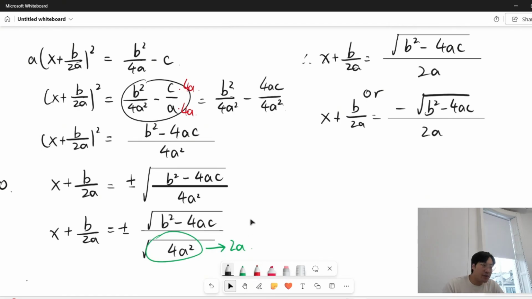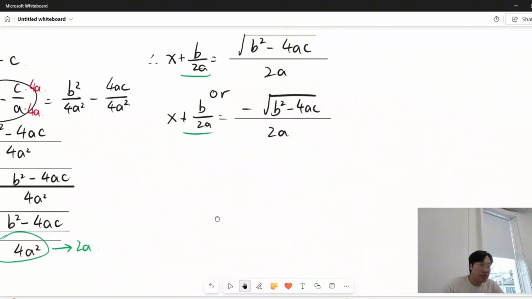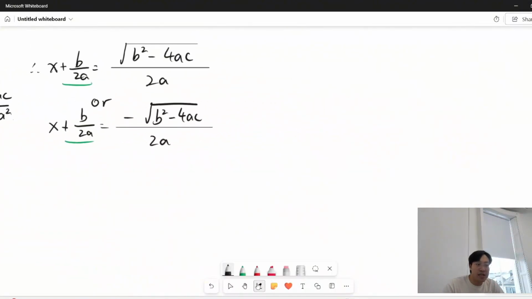So the last step of solving the question is simply to subtract b over 2a from both sides of the equation. So you have two different answers, and I'm going to use x1 and x2 respectively.